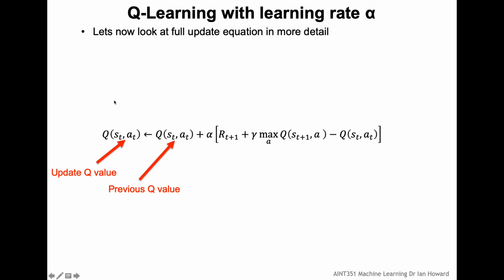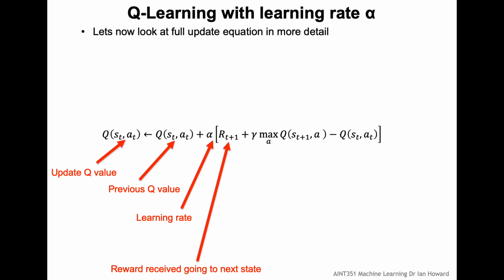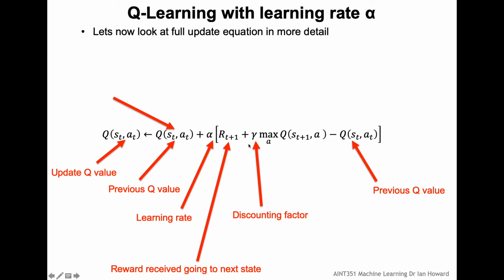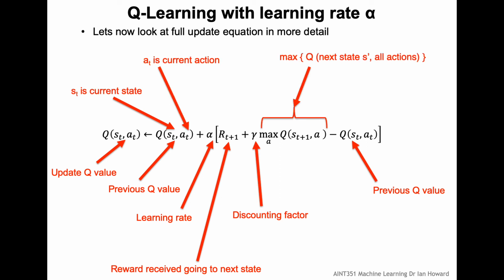It makes use of the previous value plus a learning rate multiplied by, open brackets, the immediate reward going to the next state, plus a discounting factor, gamma. I think some of the symbols have gone wrong here. Multiplied by the maximum value that we get at the next state.